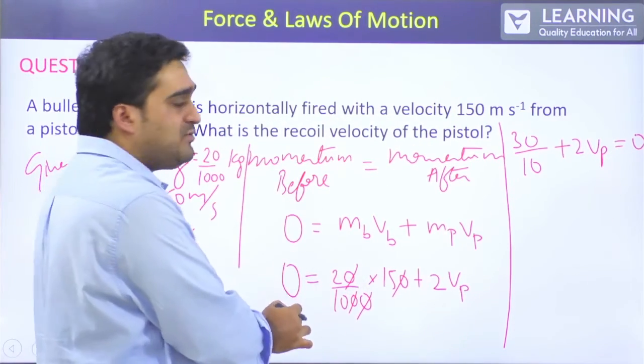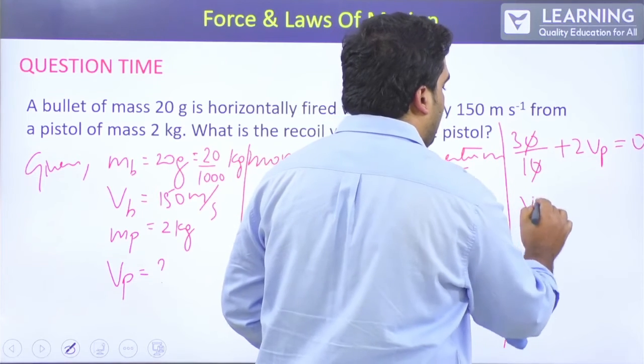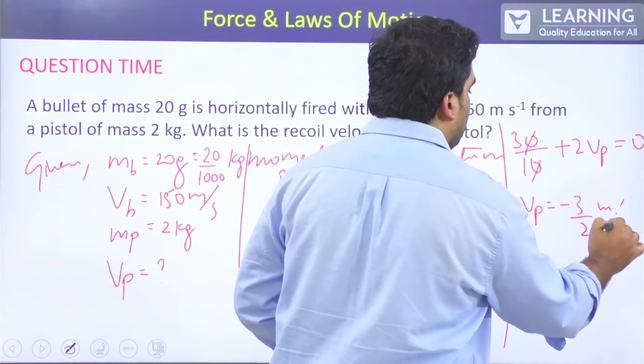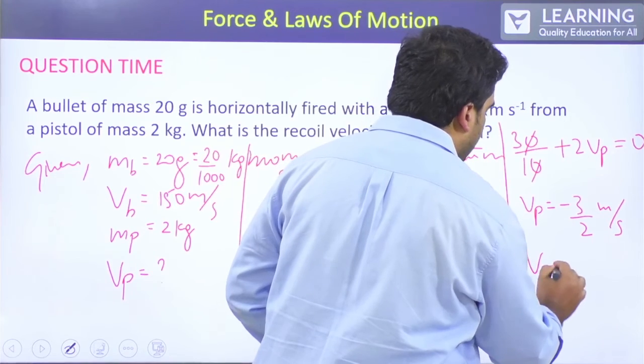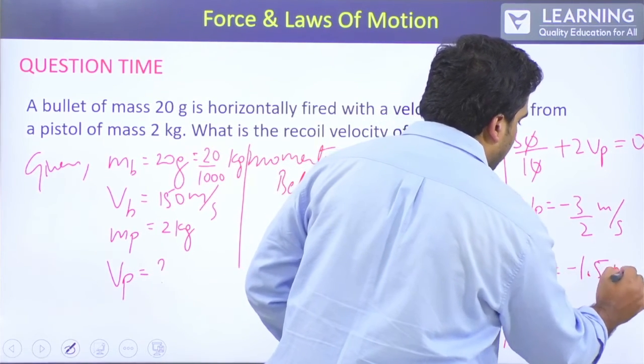The first term gives 20 times 150 by 1000, which is 3. So 3 plus 2 Vp equals 0, and you get Vp equals minus 3 by 2 meters per second, or Vp equals minus 1.5 meters per second.